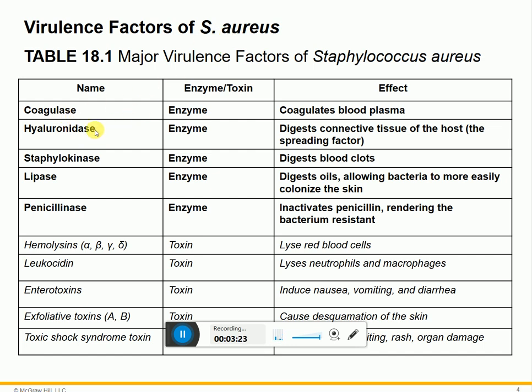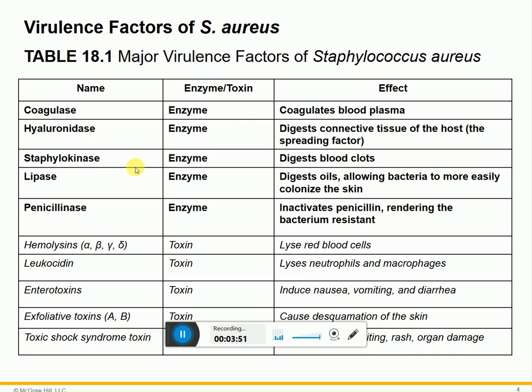There is another enzyme called hyaluronidase. Hyaluronidase helps staph spread through the soft tissue. It digests hyaluronic acid, which is found in the skin and the soft tissue of the joints, and it's this enzyme that helps Staph aureus spread throughout the body.